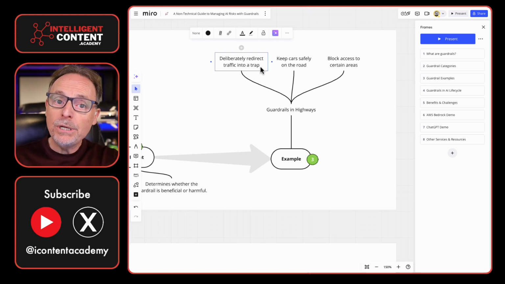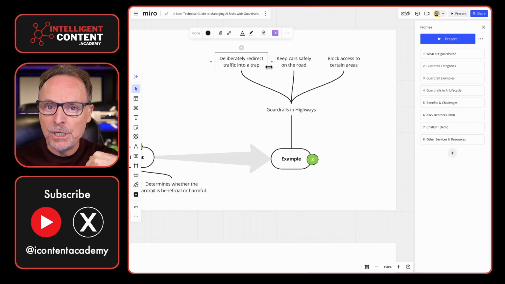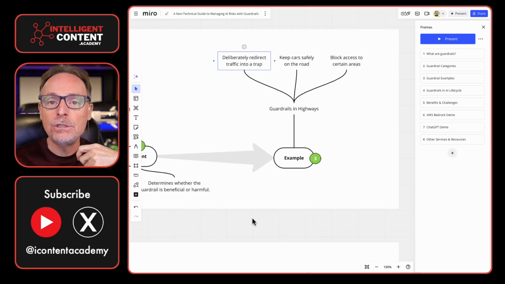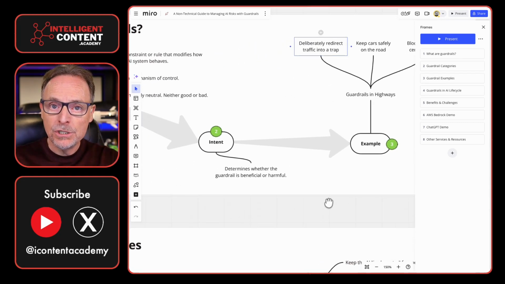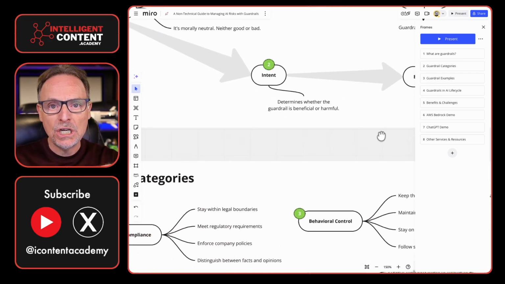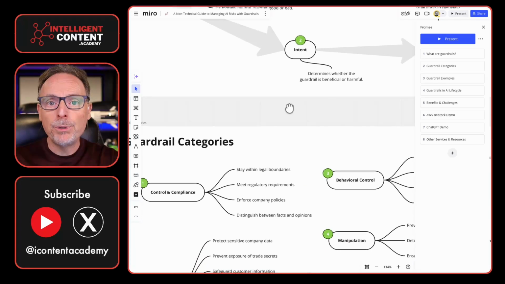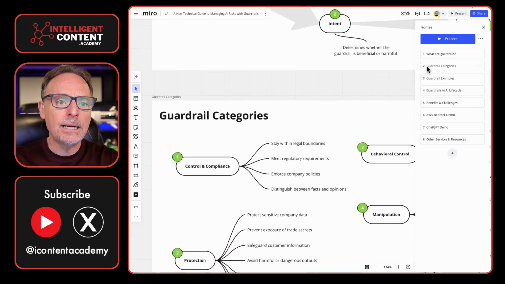But that's the whole point here, is that guardrails are very neutral, and how you use them and the intent behind them is what is either going to help your organization or hurt your organization. So keep that in mind when you are involved in a project that involves putting guardrails around AI.